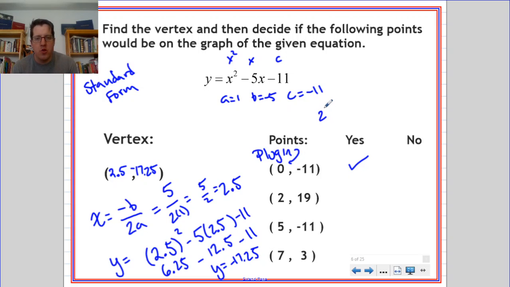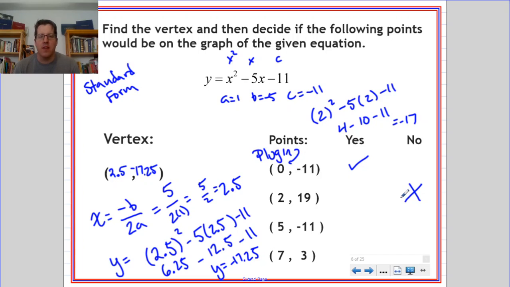So 2 squared, remember to use parentheses, minus 5 times 2 minus 11. That's 4 minus 10 minus 11. When I do that, I get -17, which is not 19. So since that gives me -17, my answer is no, that is not a solution.